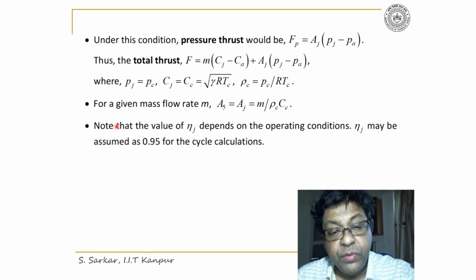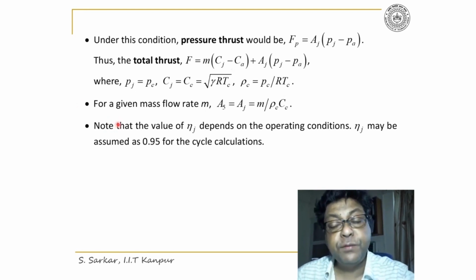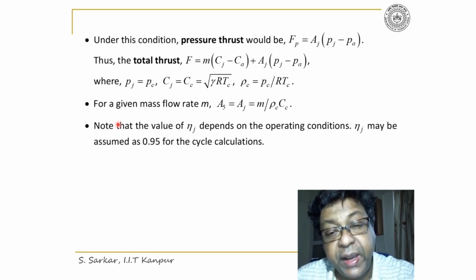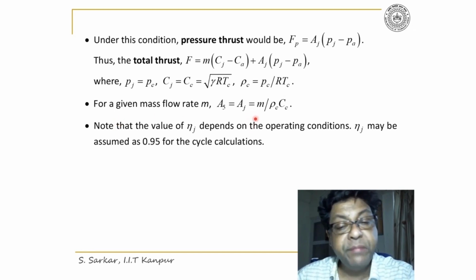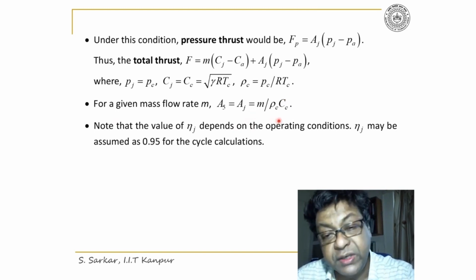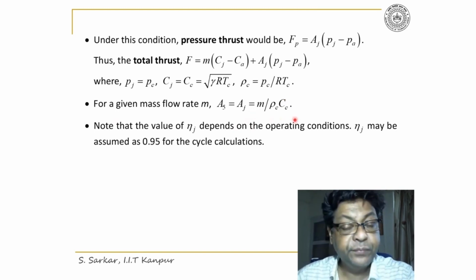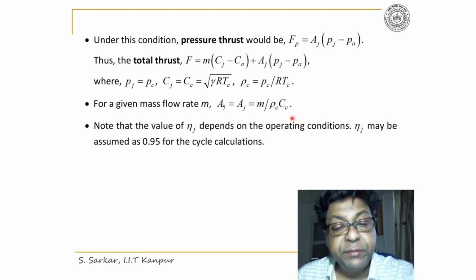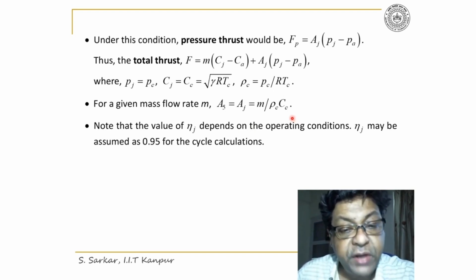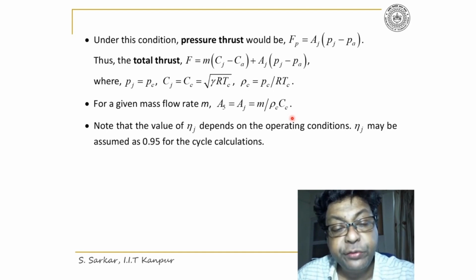Now, for a given mass flow rate M, the area of the nozzle A5, that is equal to Aj, would be equal to M divided by rho c into Cc. Cc must be equal to Cj, that is equal to root over gamma R into Tj.